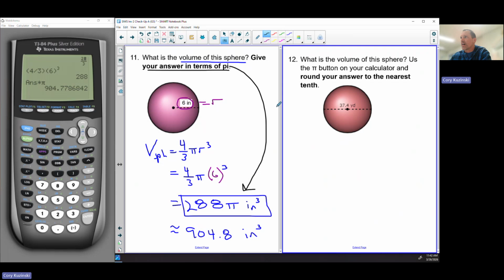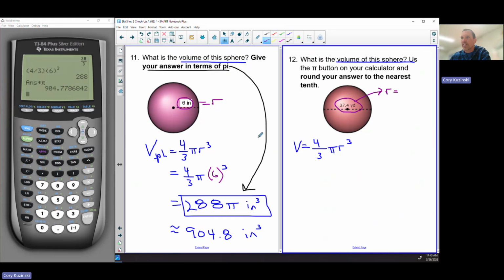12. What is the volume of this sphere? Okay, volume of a sphere. All right, we're doing this again. Volume is 4/3 pi r cubed. We're using the pi button on our calculator, okay? And so what do we got? I mean, we just have this one dimension, but that's the diameter.